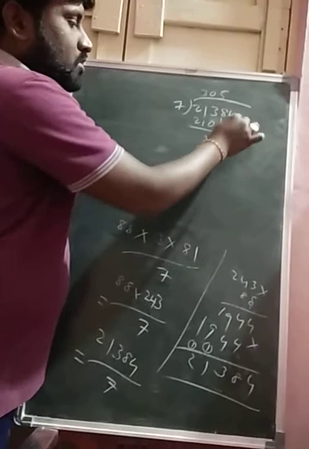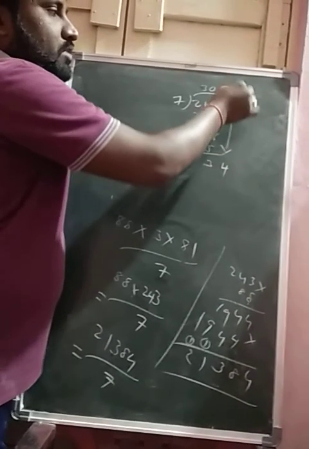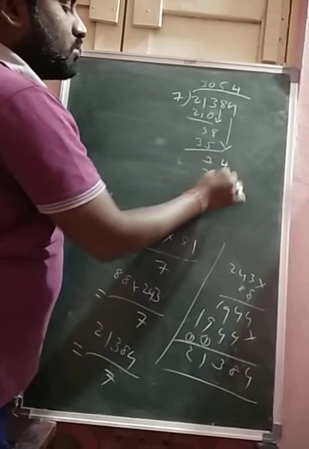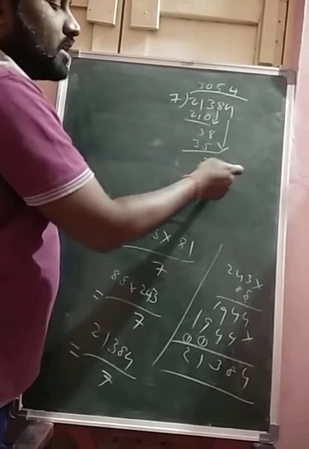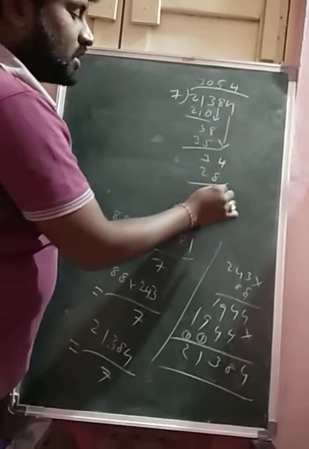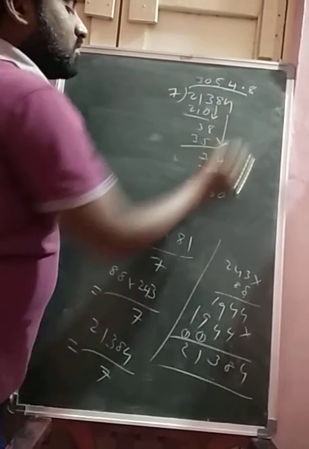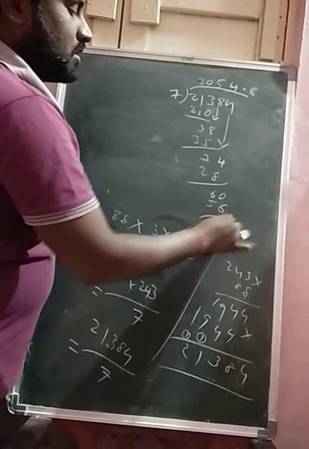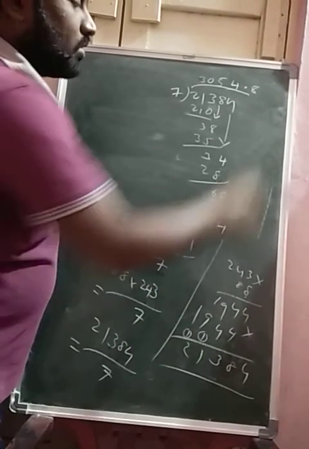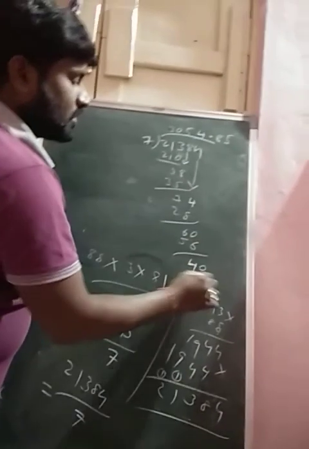Subtracting gives 3. Carry down 4. Okay, 7 4s are 28. Because of 7 5s are 35, 34 is crossed. Subtracting, here 2 remains, 4, that is 6. Point means 0. 7 8s are 56, that is minus means 4. Again point means 0. 7 5s are 35.